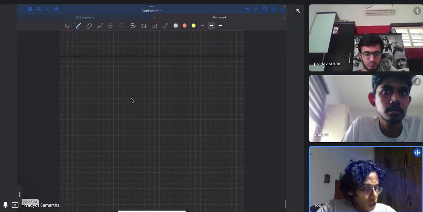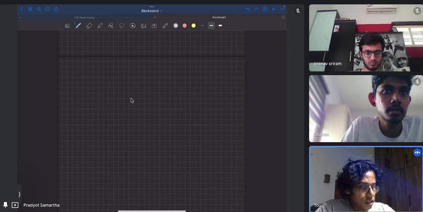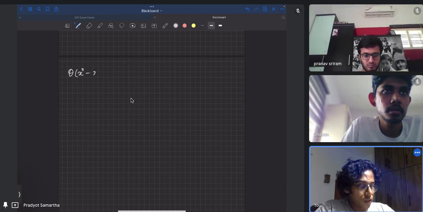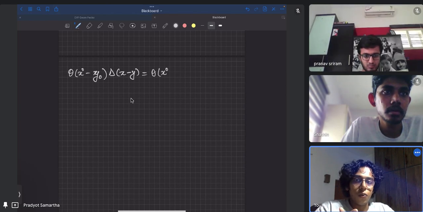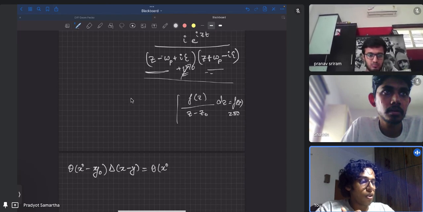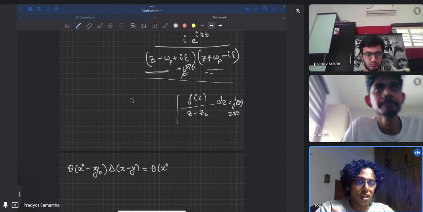Once we apply this whole thing, we get an expression of the form theta of x naught minus y naught times delta of x minus y is equal to theta of x naught. So we get two cases. We can break this down into two cases. One is where your singularity is at this, and the other integral where your singularity is this.